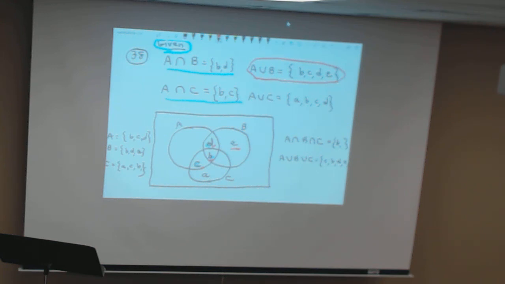And then what's the union of A and C? A, B, C, D. So I need an A, so that has to be down here in C, and B, C, D is already in A. So A is B, C, D, and C is A, C, B.